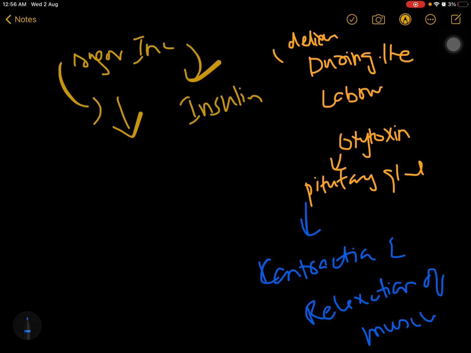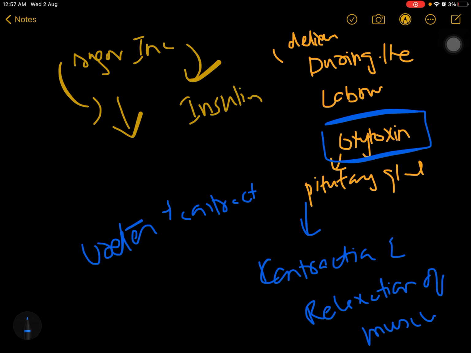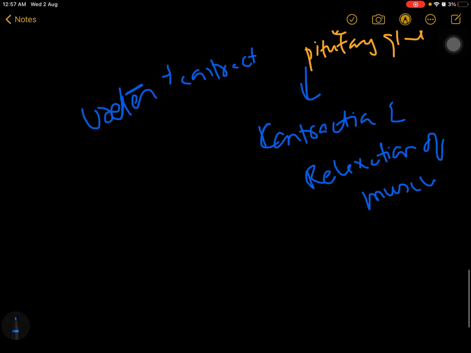In order to deliver the baby, the ureter is already contracting, but the pituitary gland again releases oxytocin, so that the contraction and relaxation of the muscle can increase. So this is a negative feedback mechanism, that already the relaxation and contraction is increasing, and by the usage of the hormone we are increasing it again.